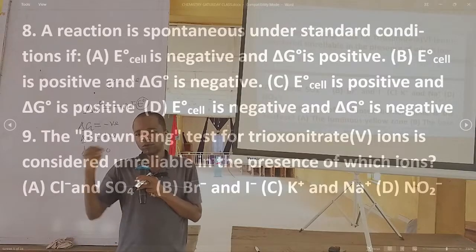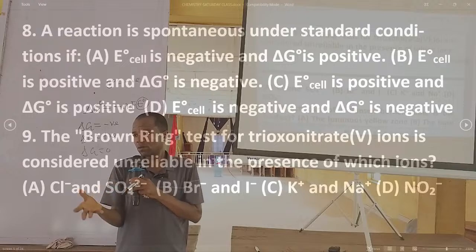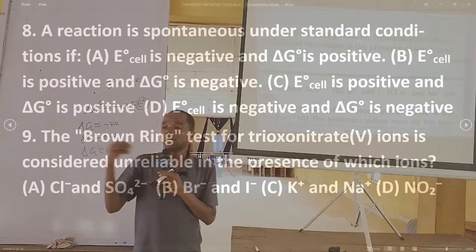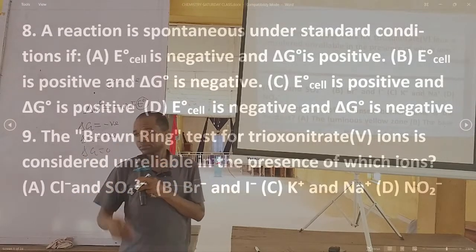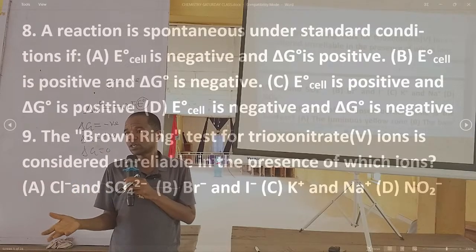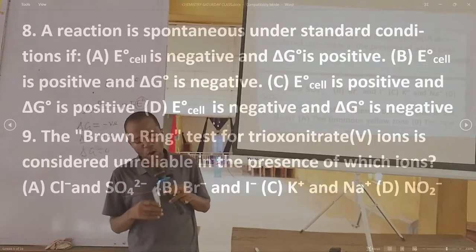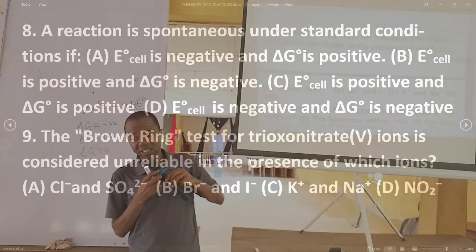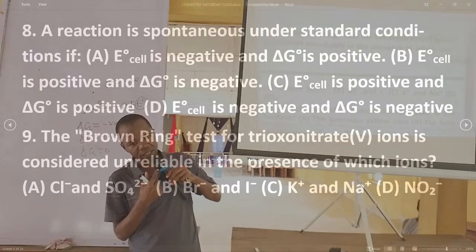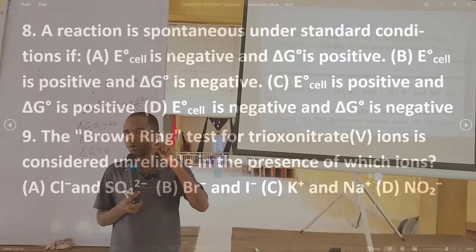Don't forget, we first of all add the test substance that we want to test into the test tube, and after that, what do we do? Then we add iron(II) sulfate, FeSO4. And then we hold the test tube in a slanting position and gently down the side we add concentrated H2SO4.